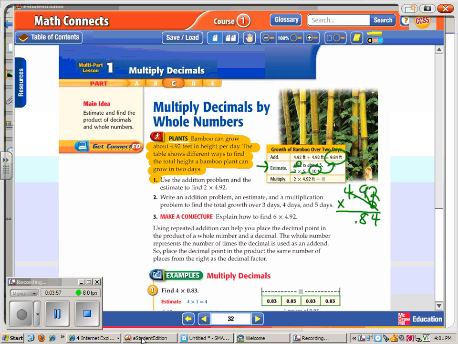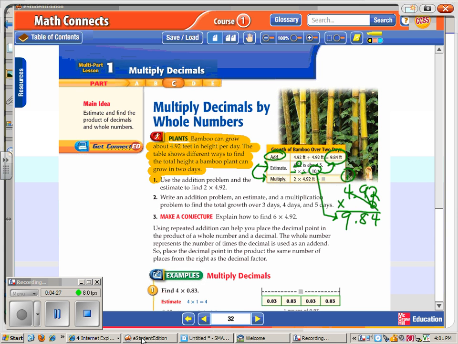And 2 times 4 is 8, and 8 plus that other whole is 9. So I have 9 and 84 hundredths. Using all of those ways, the addition is a nice way if you're really not sure if you're doing it right, but using estimation with your multiplication really helps you hit home that yeah, I did the right thing. 9 and 84 hundredths.